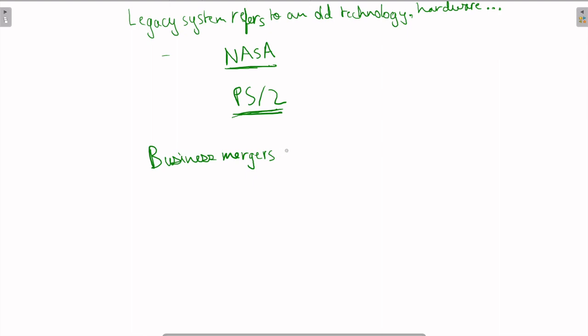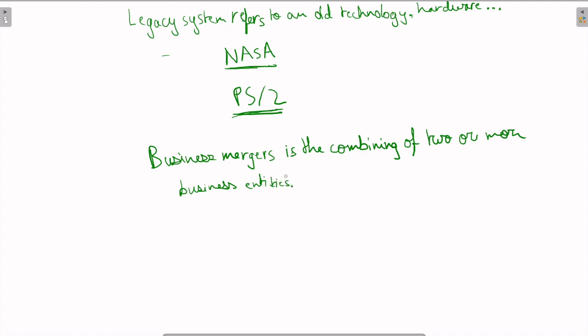A business merger is, simply put, the combining of two or more business entities. Think of it as two or more companies just joining hands together and forming one big entity. That is what a business merger is.